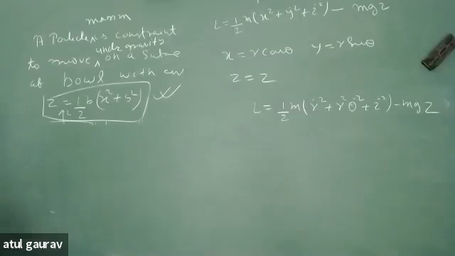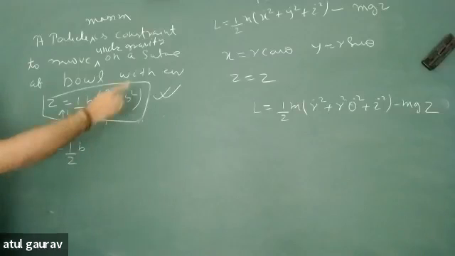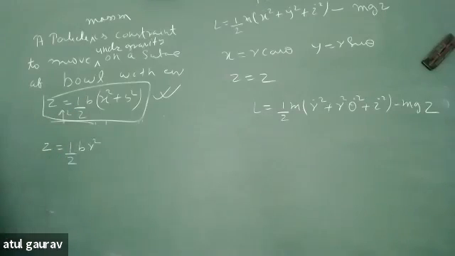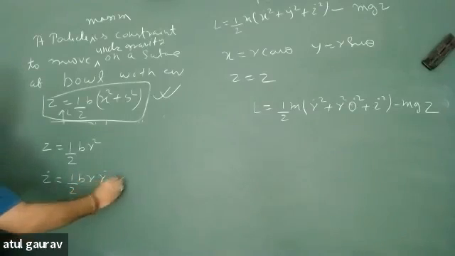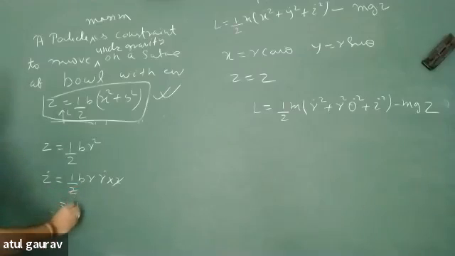So what will we do? First, z is equal to half b (x square plus y square), which is r square. Now we can put z here and z dot here. So that will be half b r dot into 2 also, so then this is gone. So b r dot.